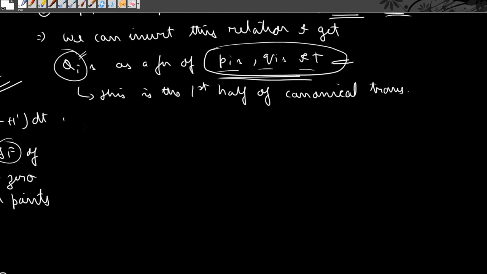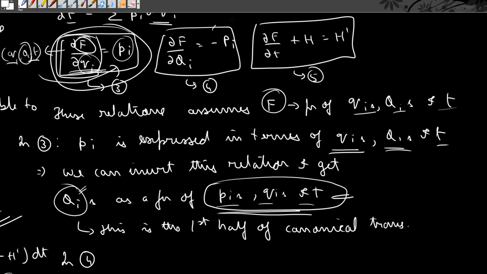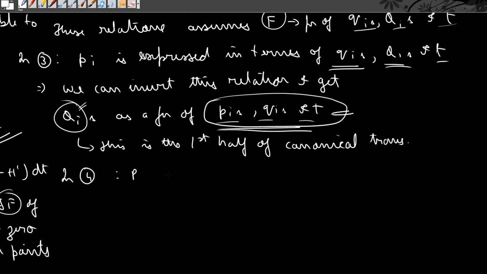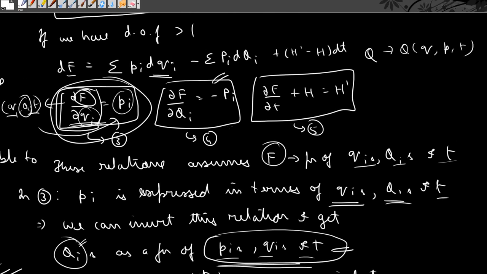Okay, so similarly, if you examine equation number 4, which is this relation, here we are expressing Pi. In fact, there will be s number of equations if s is the degrees of freedom.